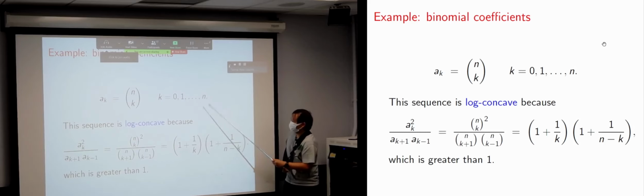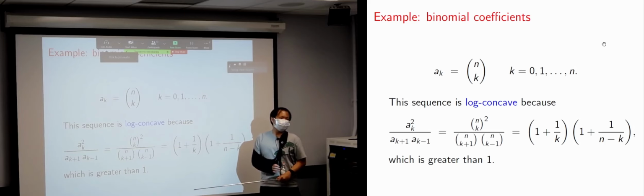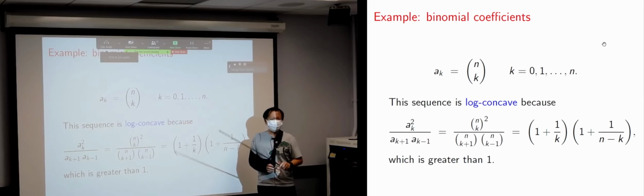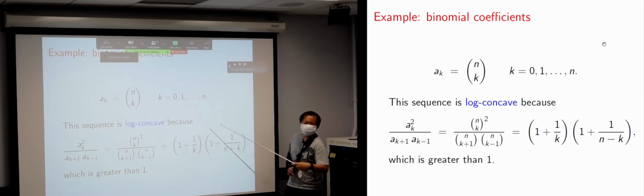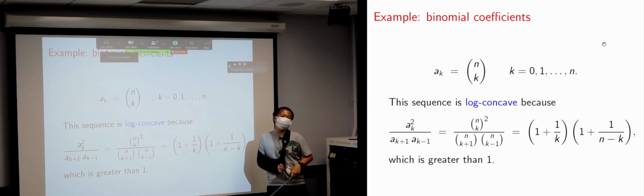Because of the choice of k, greater than 0 and less than n, this number is always greater than 1. That is how we know this sequence is log-concave. By the way, it might be a good idea to remember this term here, because soon we will see it again. That's a little bit of a spoiler.